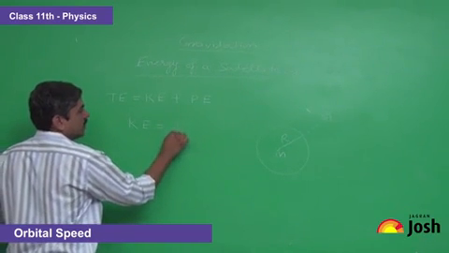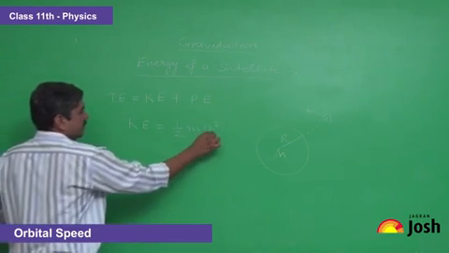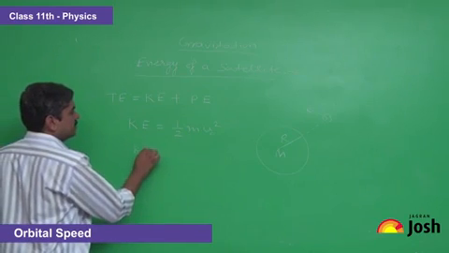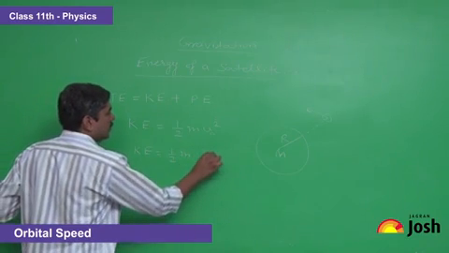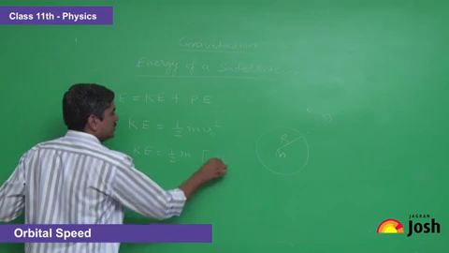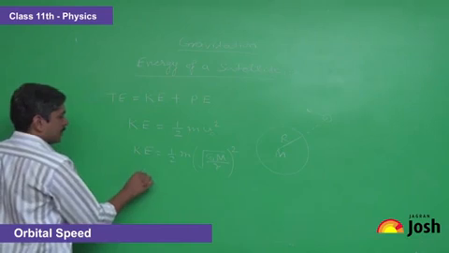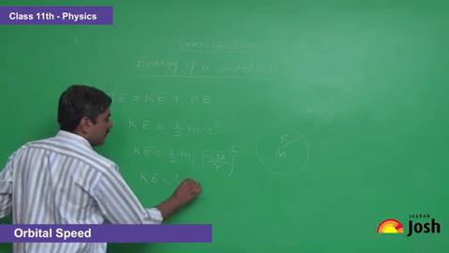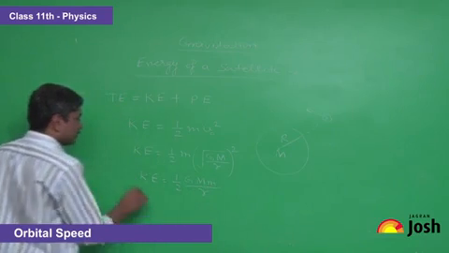The general formula of kinetic energy is half m v square. We write it with Vo for orbital speed, that is, kinetic energy equals half m into the square of the quantity under root capital GM upon r. On solving it, we get kinetic energy equals half capital GM into small m upon r.